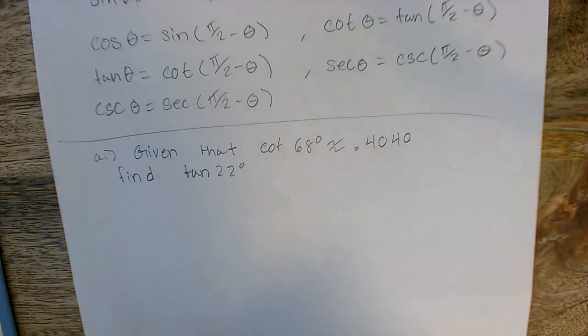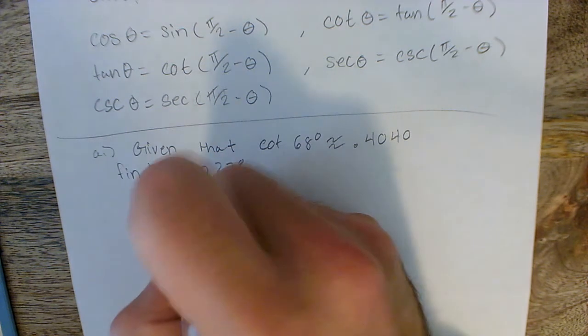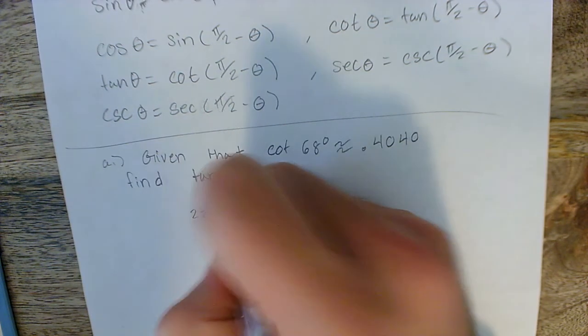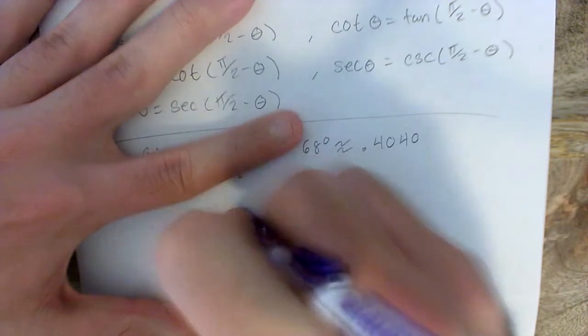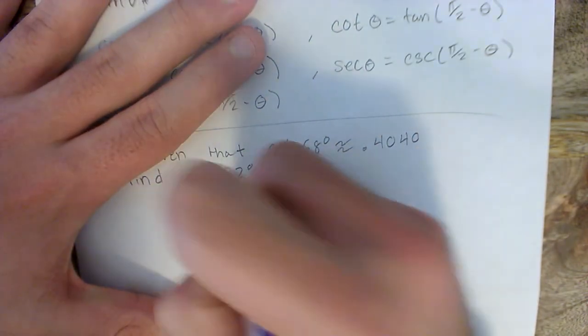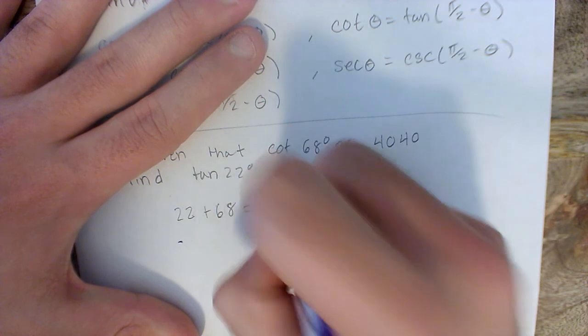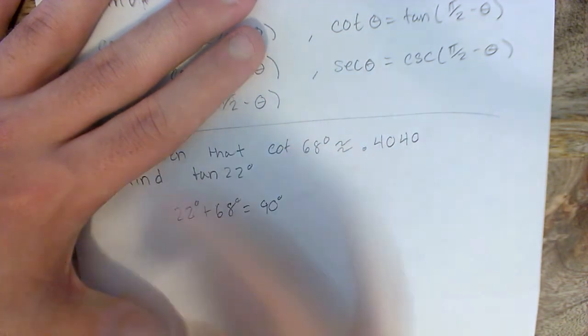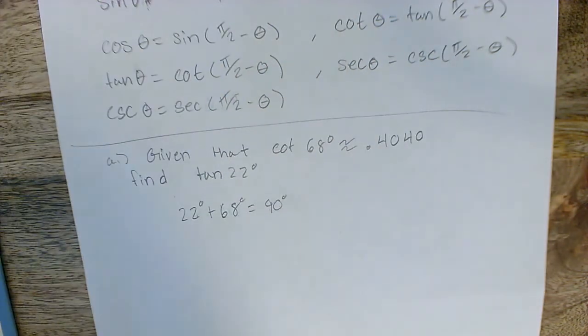First off, you can note that 22 degrees plus 68 degrees is equal to 90 degrees.